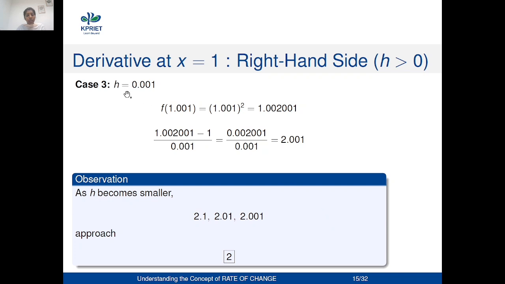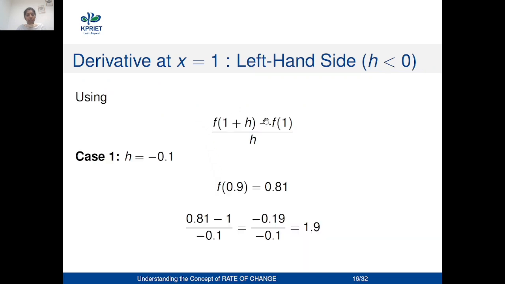I can explain with an even smaller value of h. If I take h is equal to 0.001, according to the formula, if I substitute here, I get the answer as 2.001, which means if my h is smaller, then the answer is converging to the number 2.